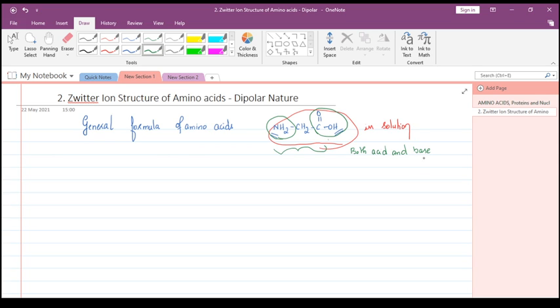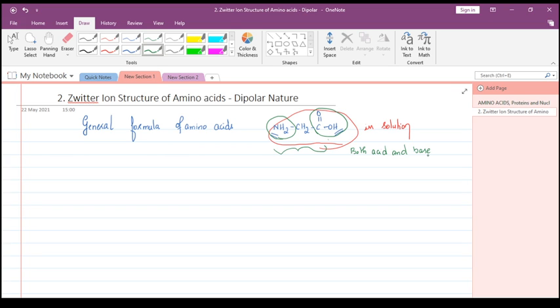So why do they have a charge? The amino acid will be carrying both positive charge and negative charge. What is the main reason why these amino acids in solution act as charged particles?